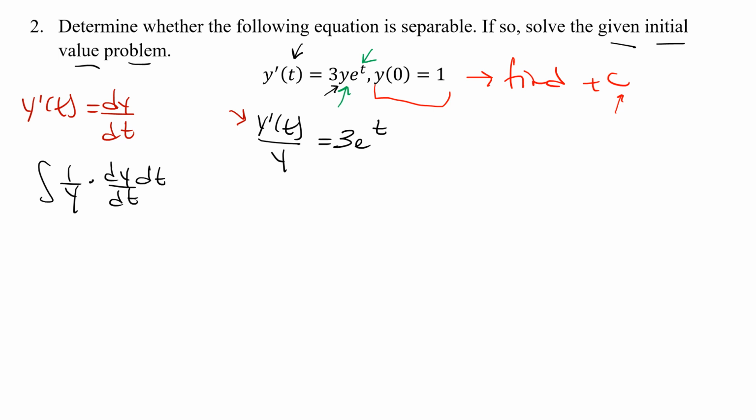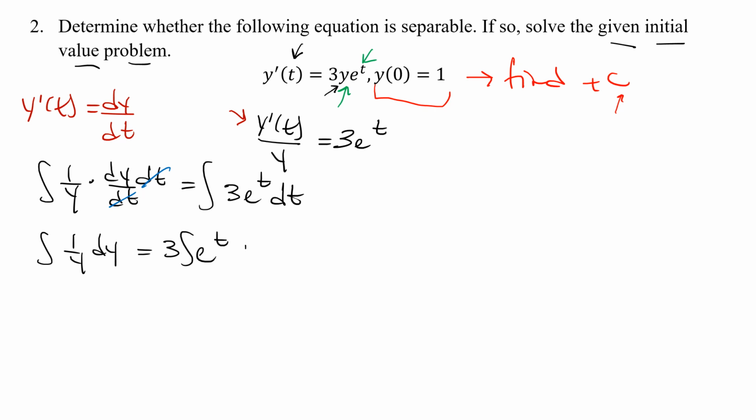And then on the right side, do the same thing: integral of 3e to the t, again with respect to t. So we see over here on the left side that the dt's cancel out. So we just have the integral of 1 over y dy. And on the right-hand side, we can pull that 3 out: integral of e to the t dt.